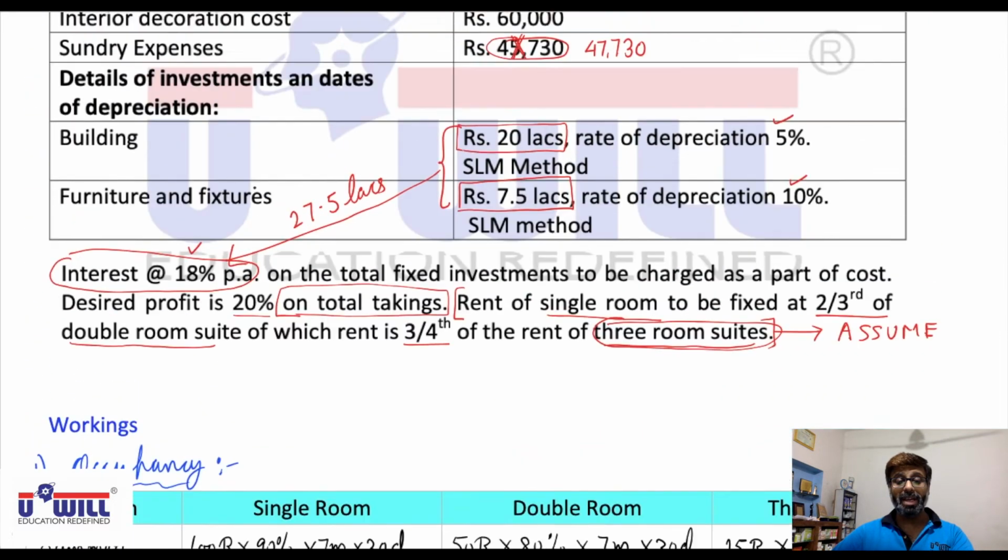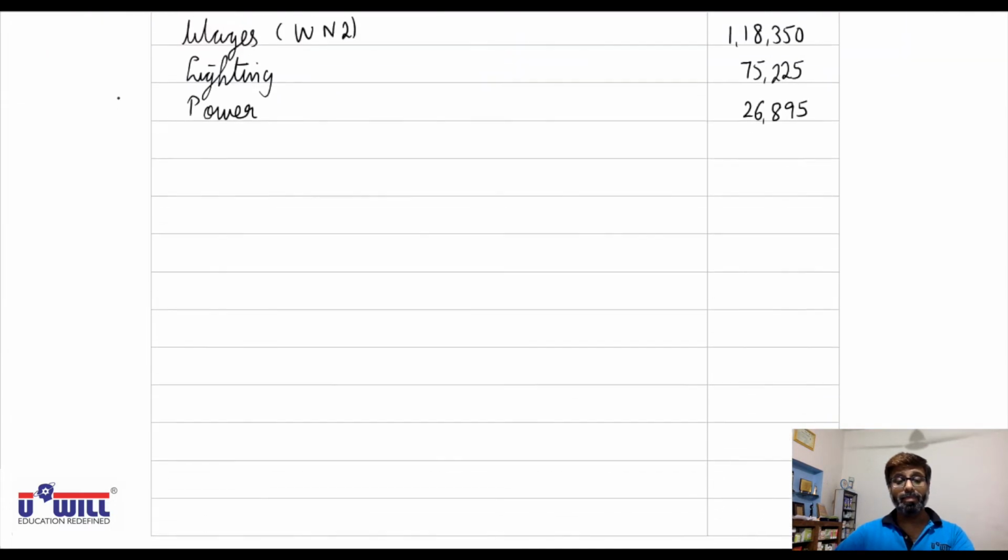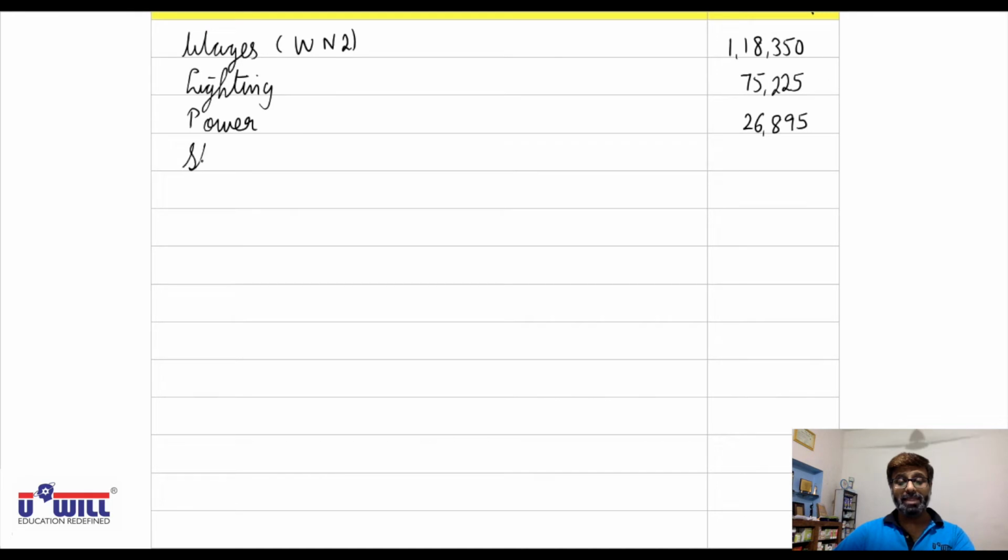Then after power, we have staff salary 1,76,000. Staff salary 1,76,000.